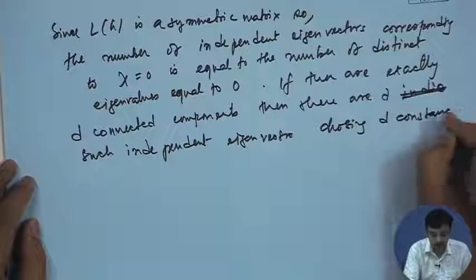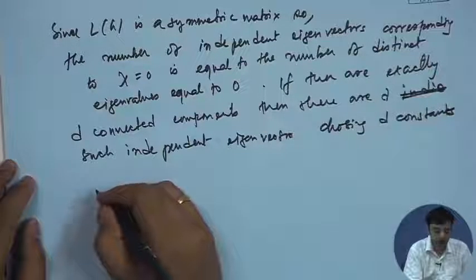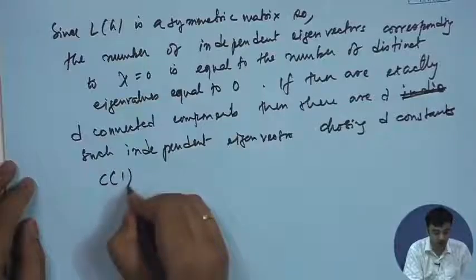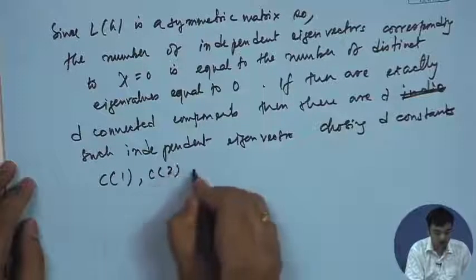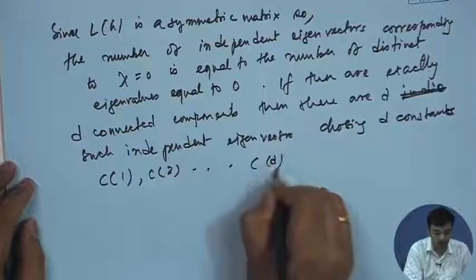Each eigenvector, as we have discussed, will be a constant like C, choosing C1, C2 up until Cd. So, each eigenvalue equal to 0 will define an eigenvector of constant entries, and that will be defined on a particular component.